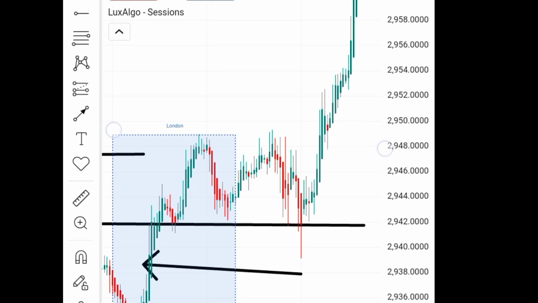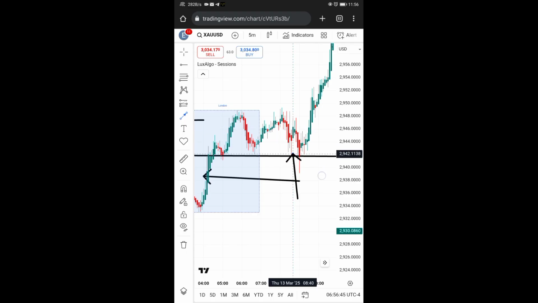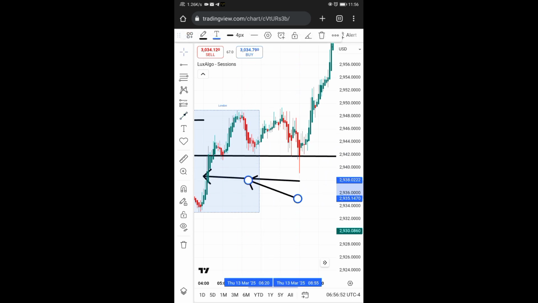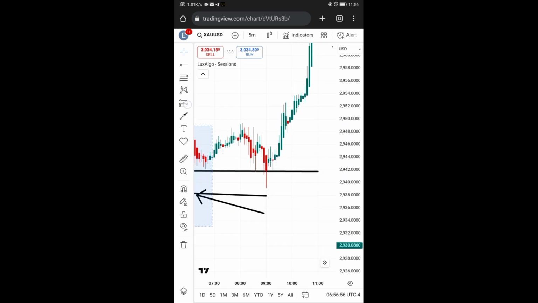As you can see, the market came into the first line that we drew, and it gave us this opposite candle, which if we take that trade, that would be a loss. But the market still came inside the imbalance and gave us an opposite candle. If we take that one, that will give us the RR we are looking for.